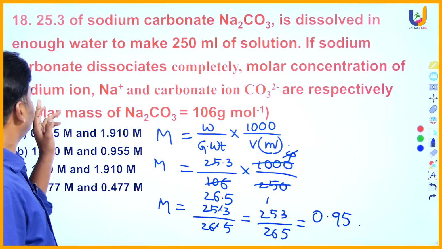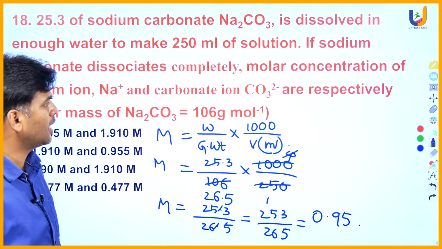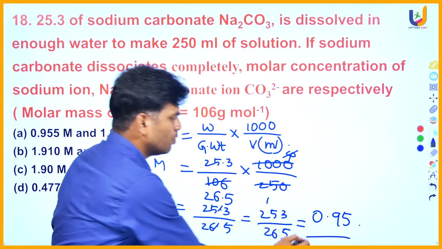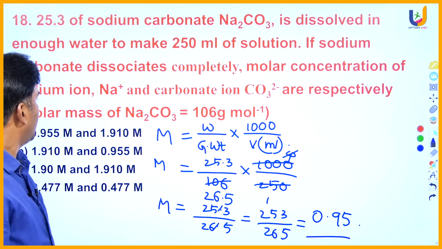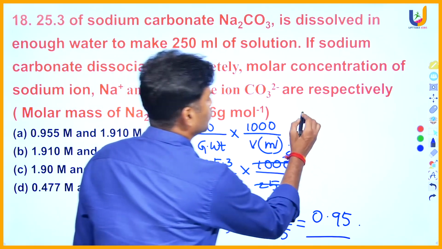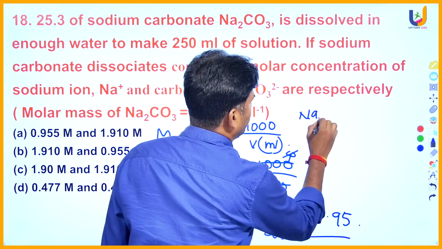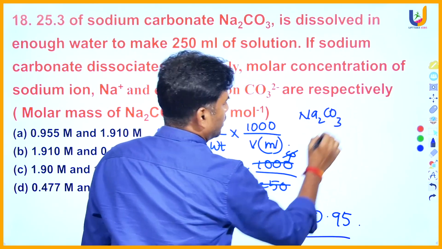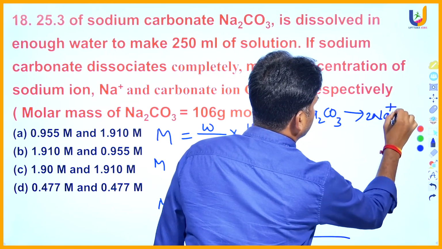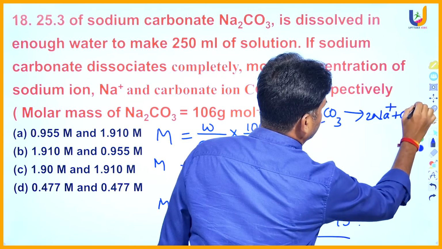But they are asking for the sodium ion and carbonate ion respectively. First of all, after dissociation of sodium carbonate, Na2CO3, let's see how much we get: 2 Na+ plus 1 carbonate ion.